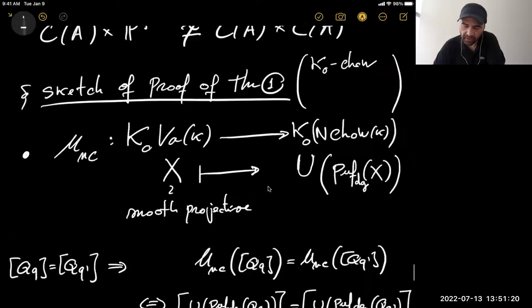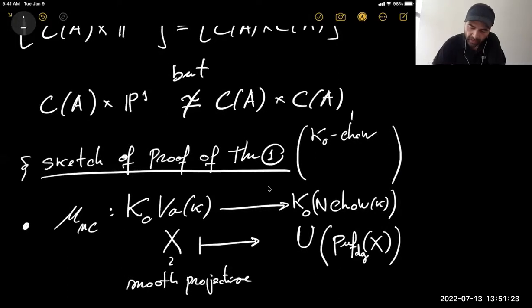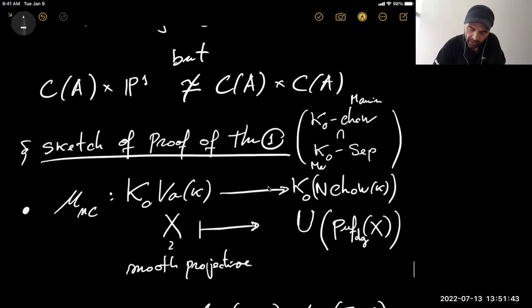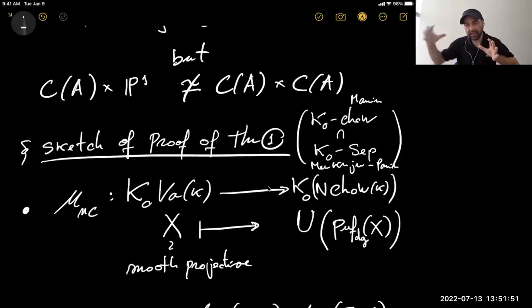But this was Manin in the 60s. Then there is a more general category where this is included, and I don't remember the notation they use, so I'm making one up. This was done by Merkurjev and Panin. What they did is start with smooth projective varieties, but then add separable algebras to them. And again, the Homs between all this are just given by K0.